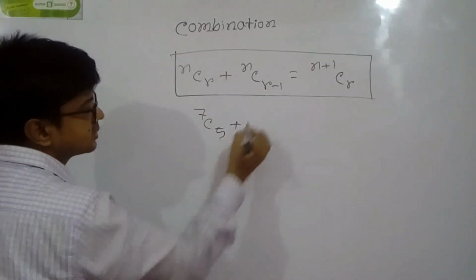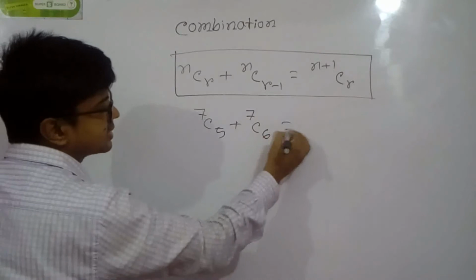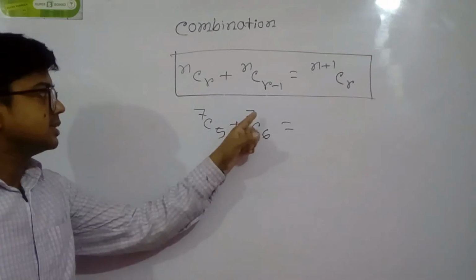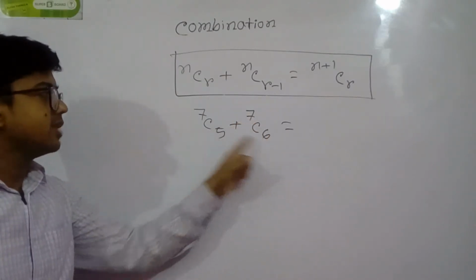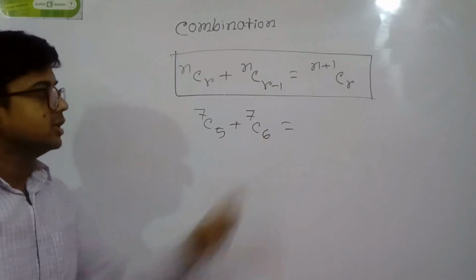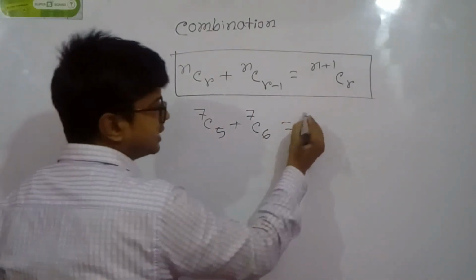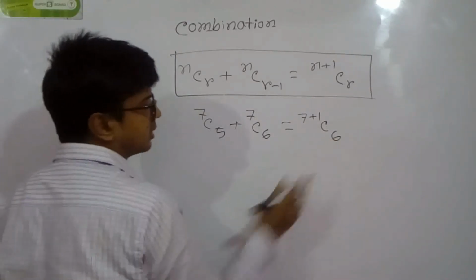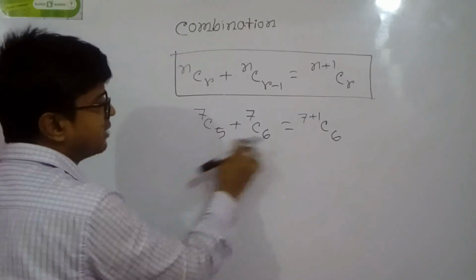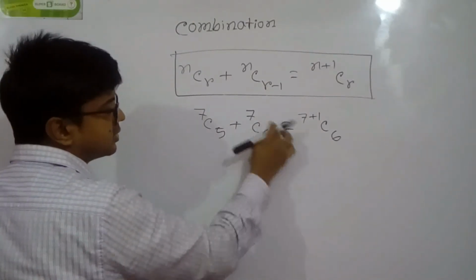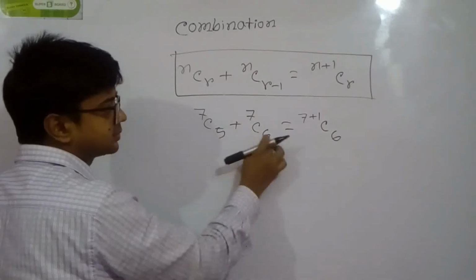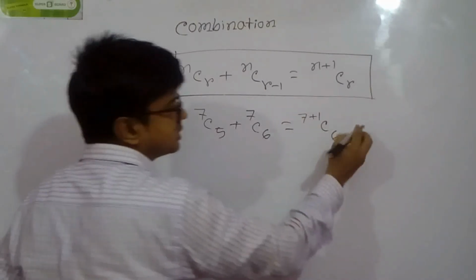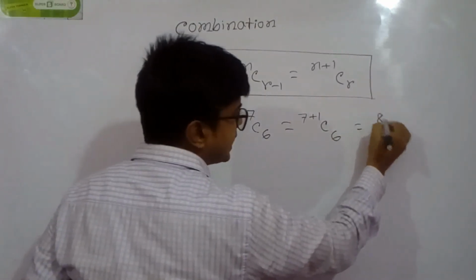Suppose 7C5 plus 7C6. Here 7C5 and 7C6, here 5 and 6 are two consecutive numbers, so it will be 7 plus 1, C6. Here 6 is greater than 5, so the answer will be 8C6.